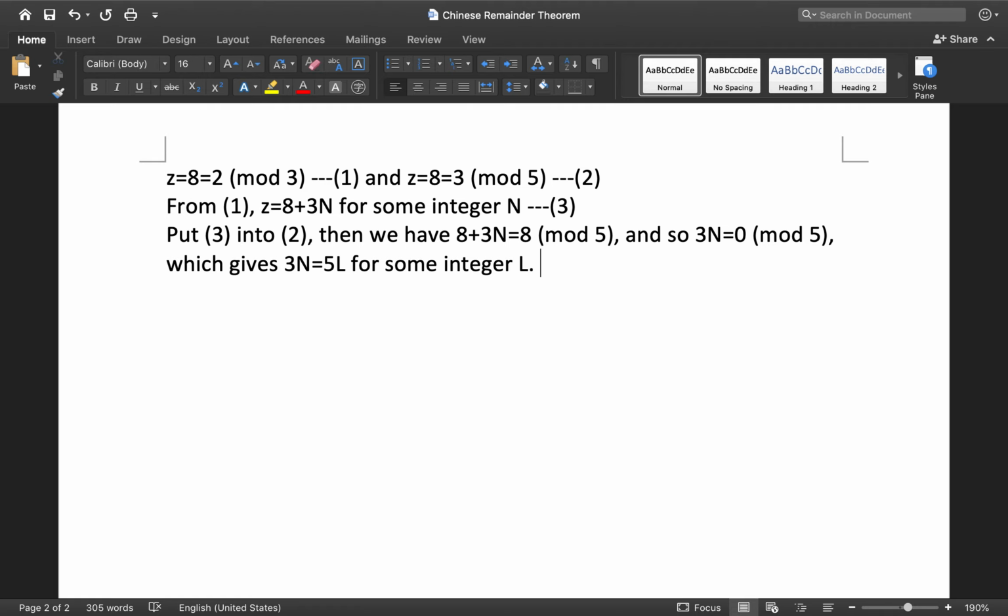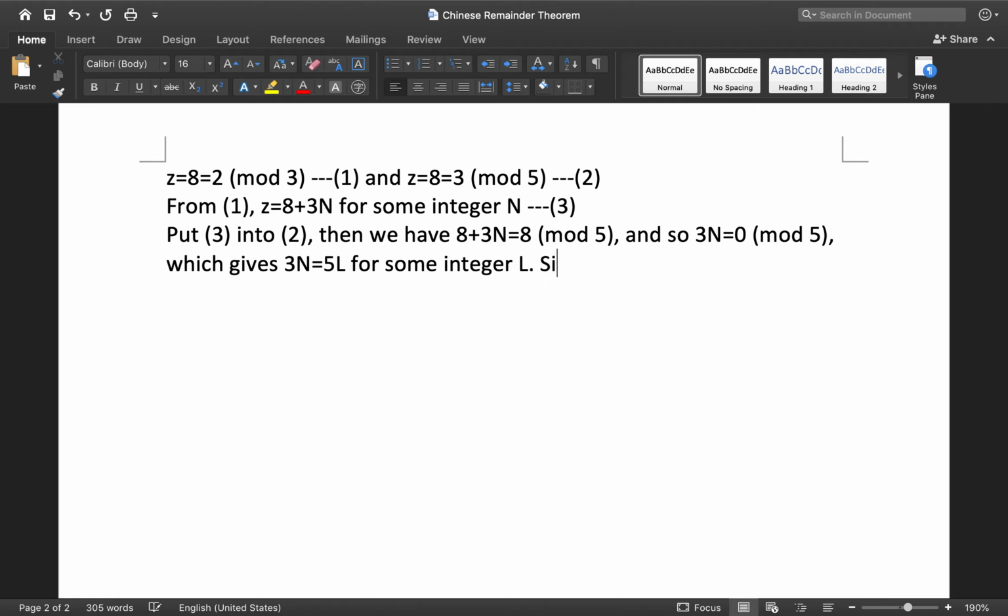How can you get that factor 3 from 5l? Since 3 and 5 are relatively prime, there's no way you can get the factor 3 from 5, so the 3 must be coming from the integer l.